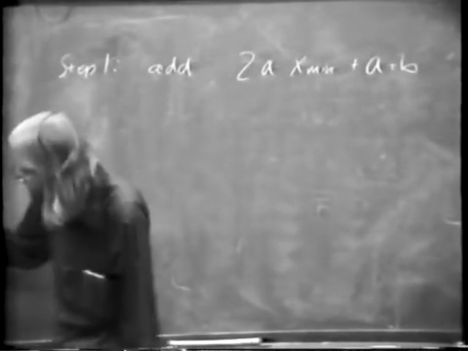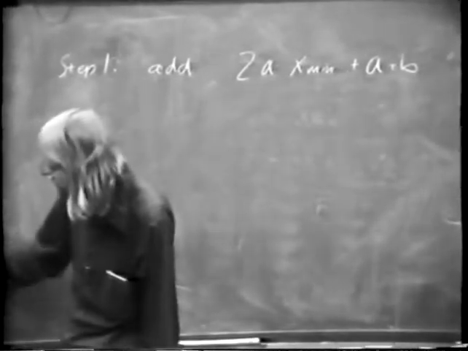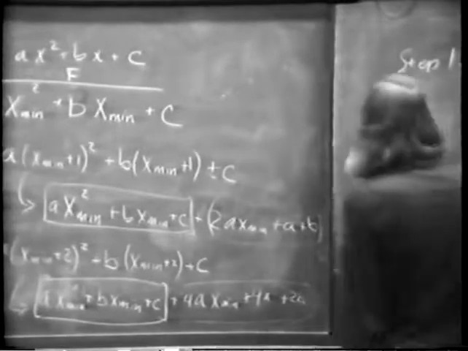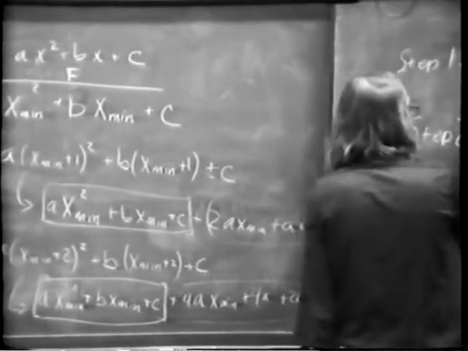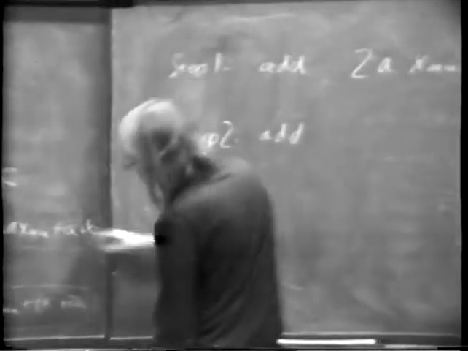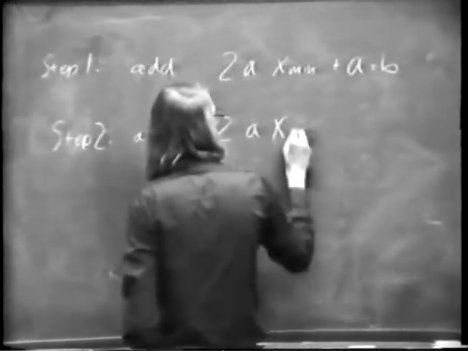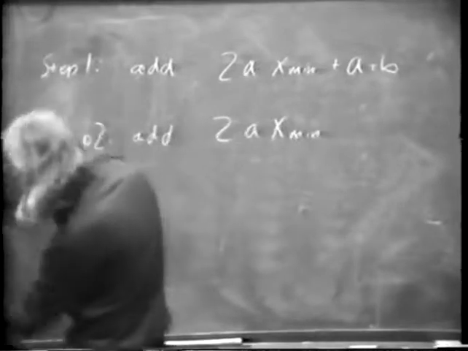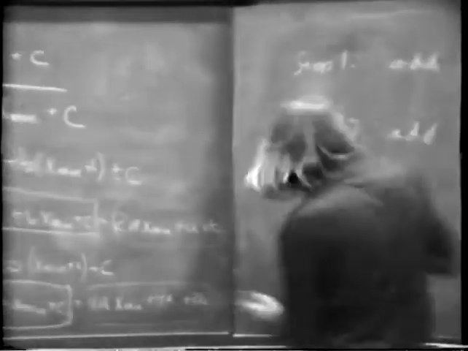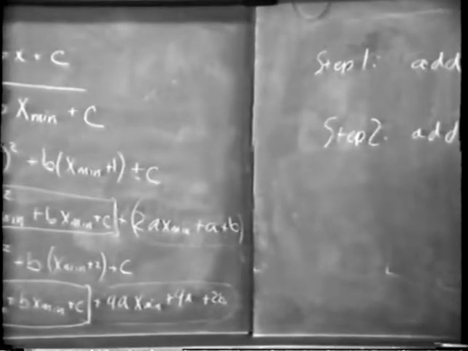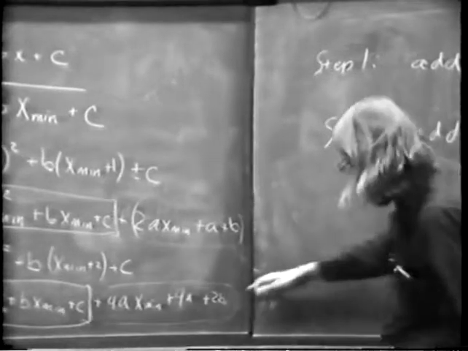The difference between these two is 2a x min plus 3a plus b, right?